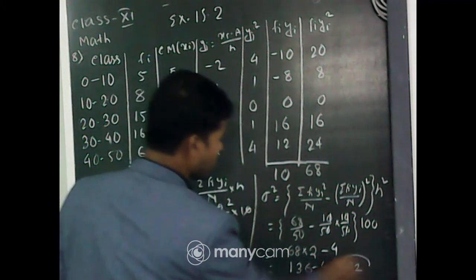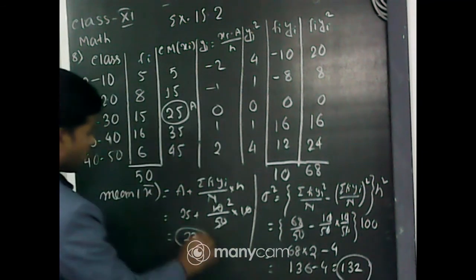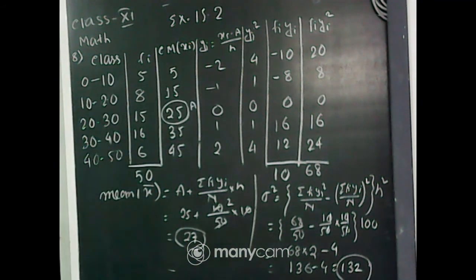So this is the variance of the data and that is the mean of the data. So mean and variance are now known.